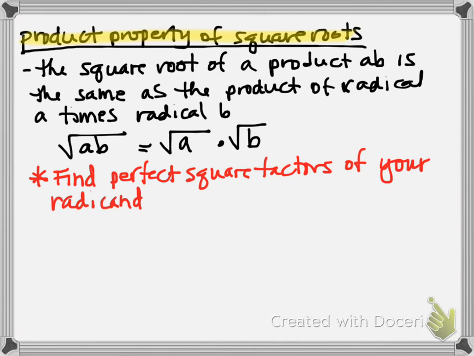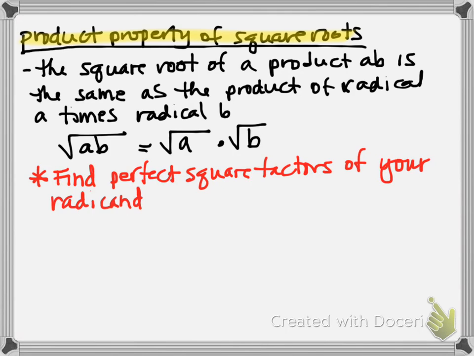So you're not looking for 2s and 3s and 5s, 6s. You're looking for 4s and 9s and 25s and 16s. Those are what you're looking for. You're not looking for divisibility rules. You're looking for perfect square factors. That's the key here.